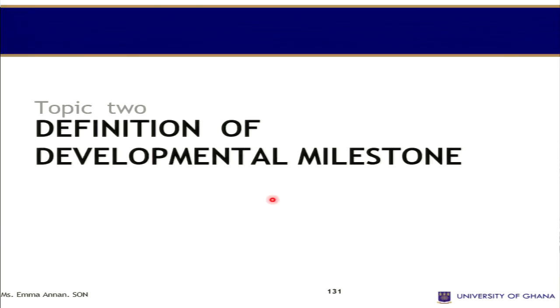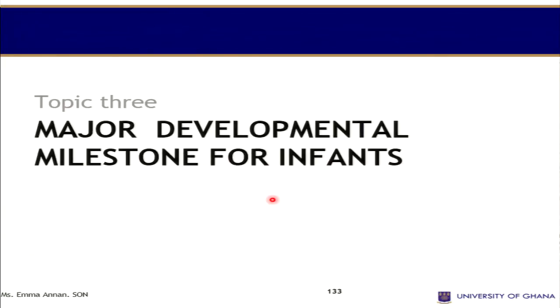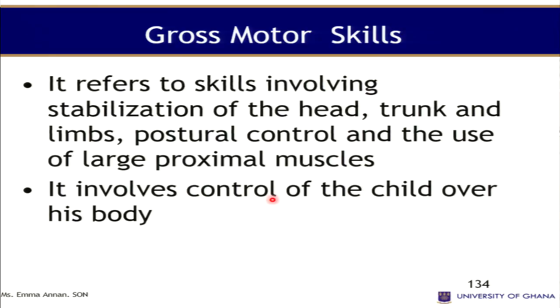What is a developmental milestone? A developmental milestone is an ability or skill that is accomplished by most children at a certain age. We'll look at major developmental milestones for infants. We're going to look at the gross motor skills, but before that, let's look at what it is.